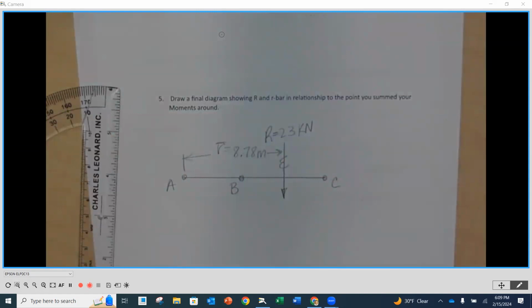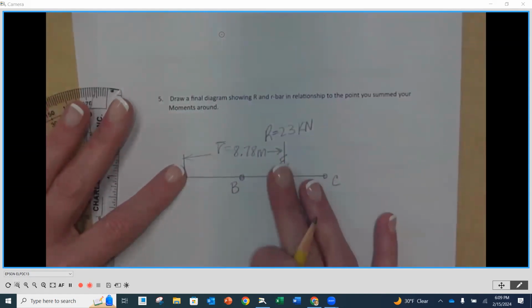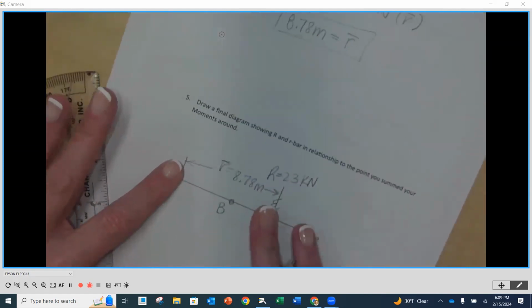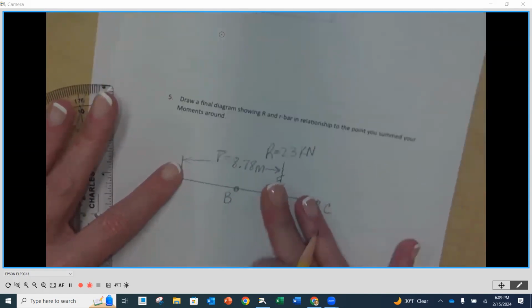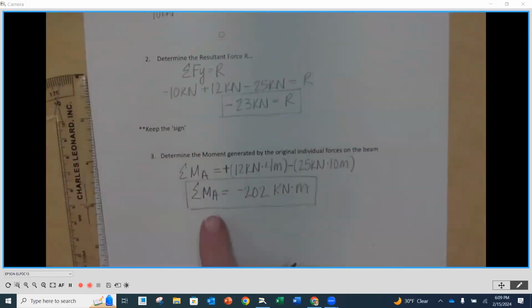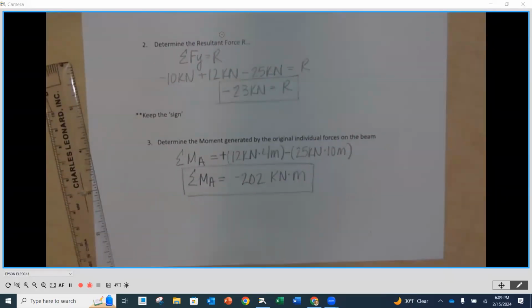Now, a double check here. If I put my finger on A and I pull in the direction of my resultant, it is going to cause a clockwise rotation. If I go back to where I summed my moment in step number 3, is that consistent with my total moment around A?